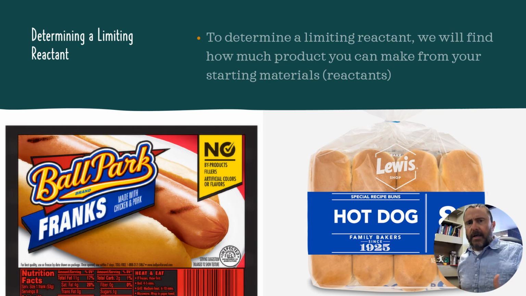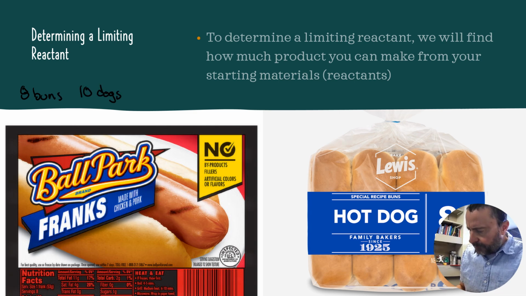So if you've got a package of hot dogs and a package of buns, you can only make 8 dogs and buns combined. In this case, 8 buns, 10 dogs, you would make 8 buns and dogs.